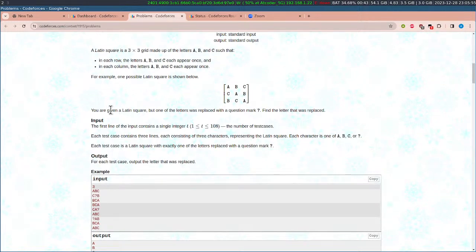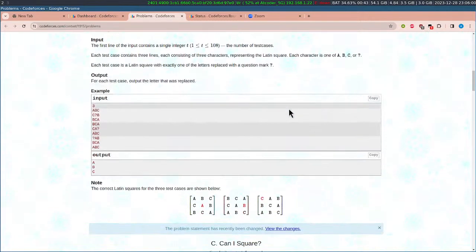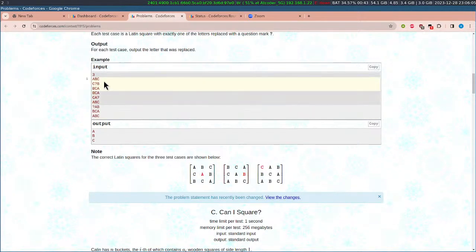Now we are also given a Latin square, but one of the letters is replaced with a question mark. They are asking us to find the letter that was replaced. In the sample, the example is ABC, C question mark B, BCA, and it claims that instead of the question mark, the letter should be A.